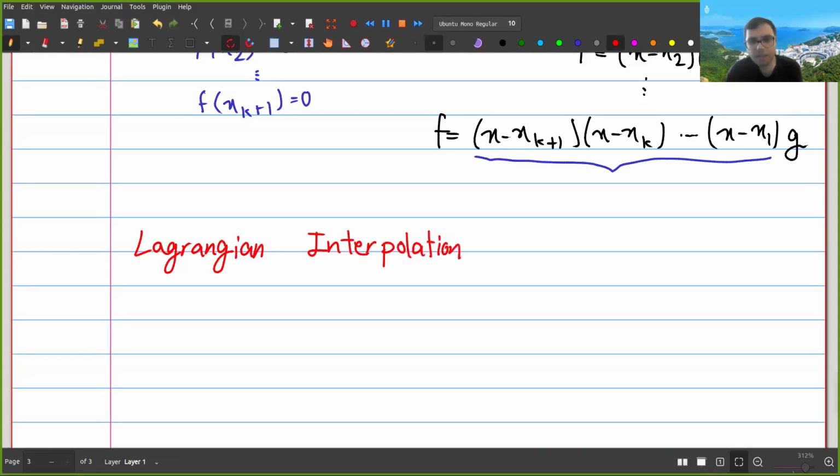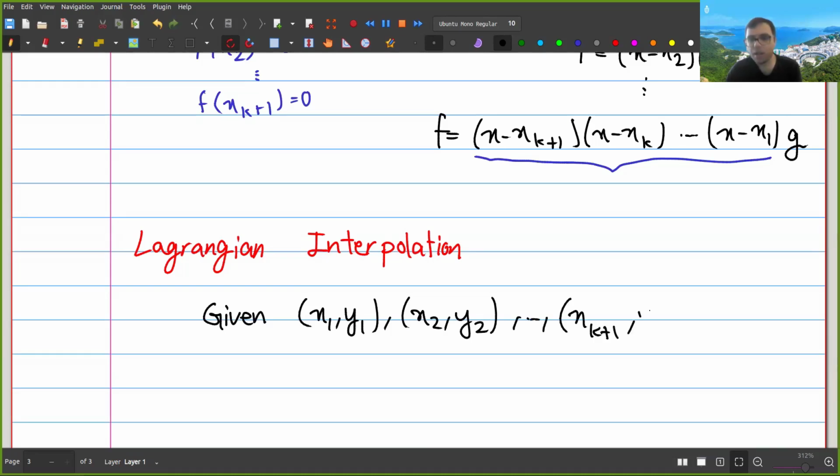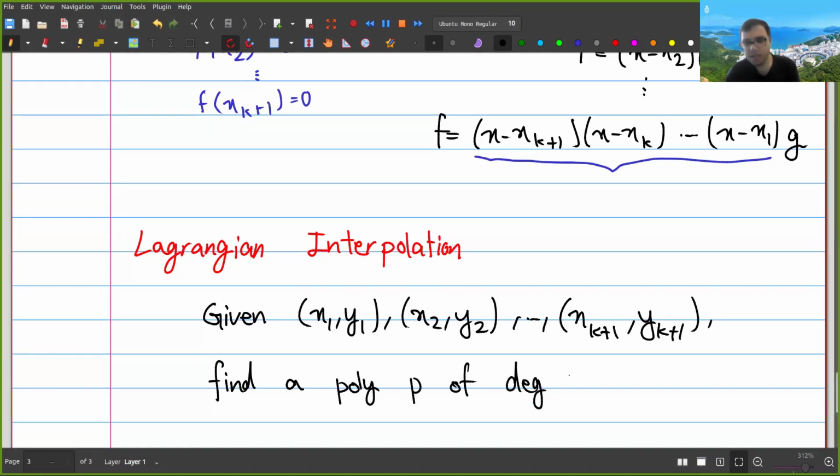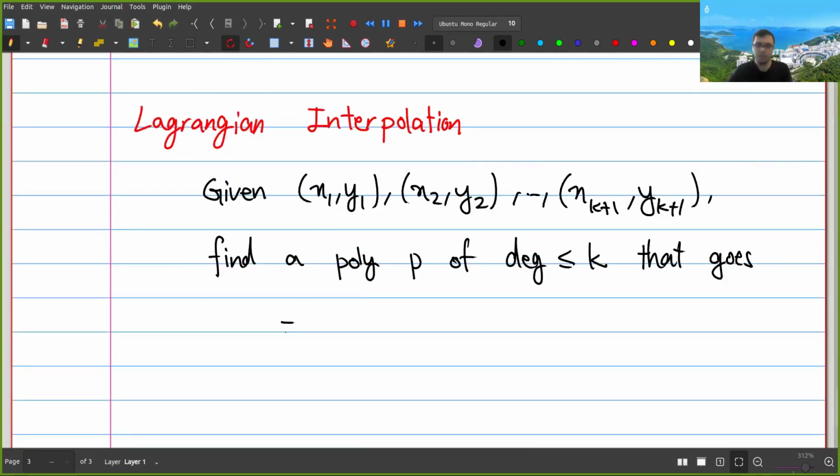So the problem is this: given k plus 1 points, x1, y1, x2, y2, to xk plus 1, yk plus 1, find a polynomial p of degree at most k that goes through all of these points.